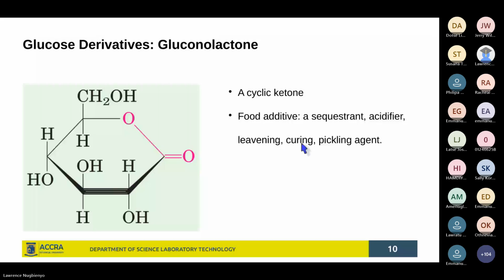Leavening is what you do with kneading of wheat dough.